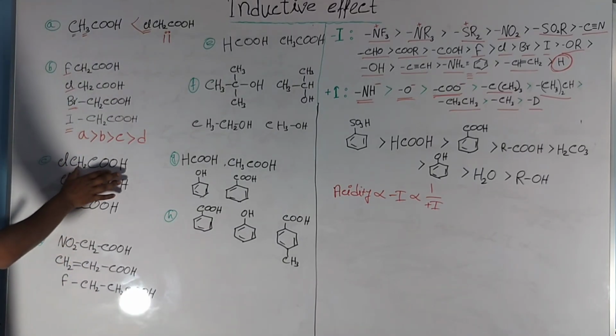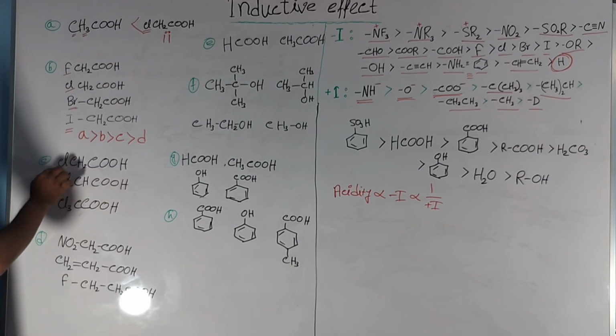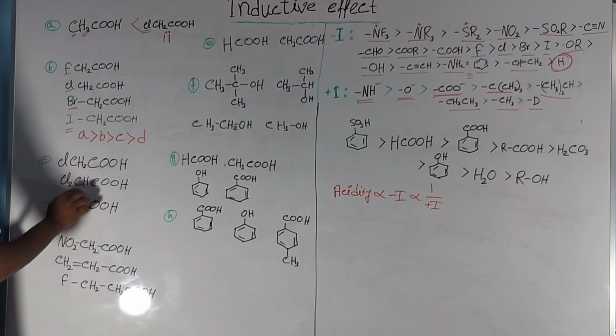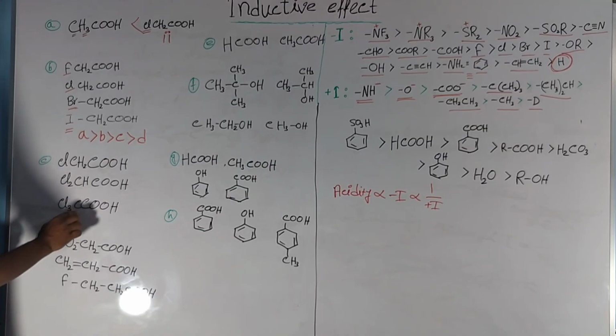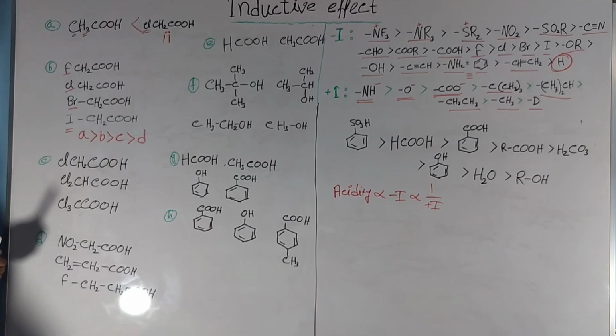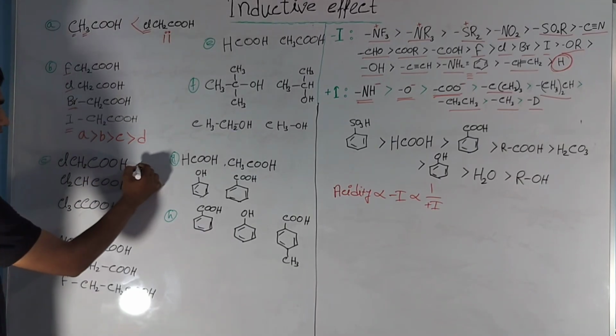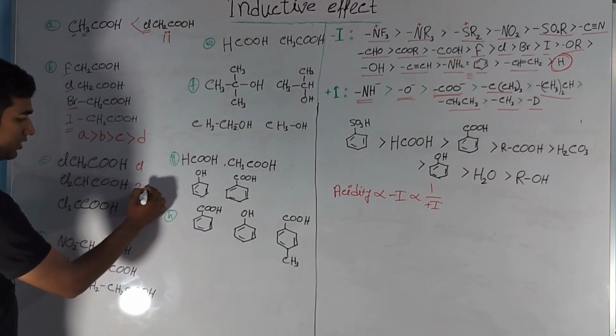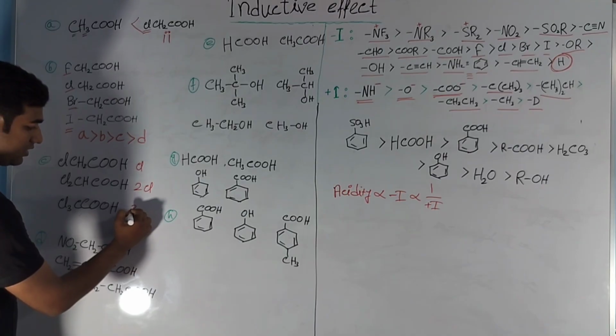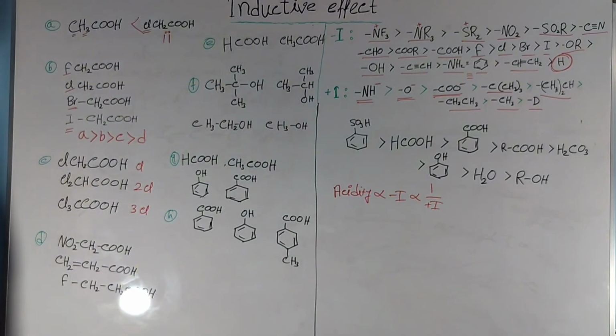Here see acetic acid, ethanoic acid, one hydrogen is replaced by chlorine. Second one, 2 hydrogens replaced by chlorine, third one, 3 hydrogens replaced by chlorine. So first one has single chlorine, second one has 2 chlorines, third one has 3 chlorines. So as the number of chlorine increases, the number of electron withdrawing groups increases.